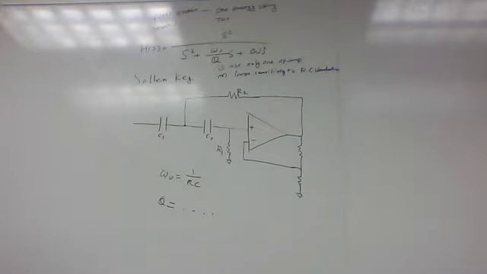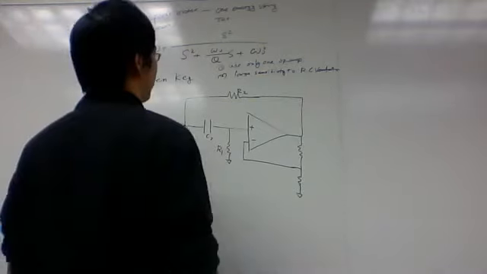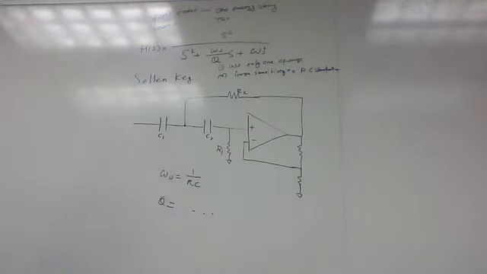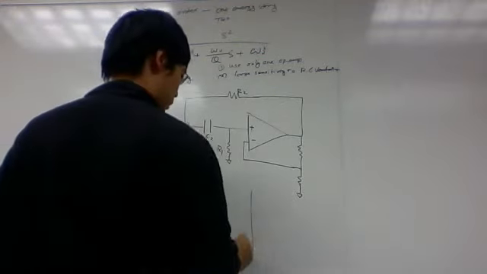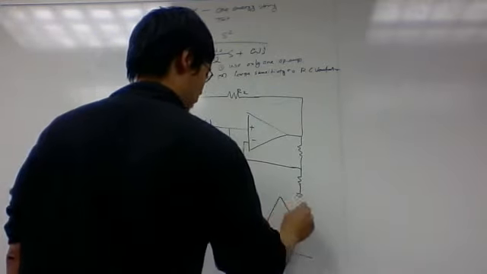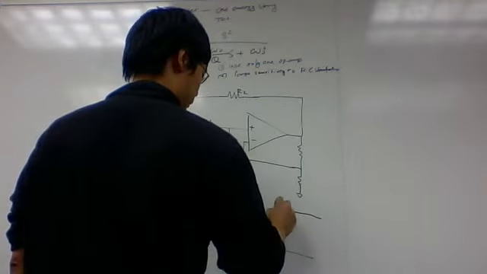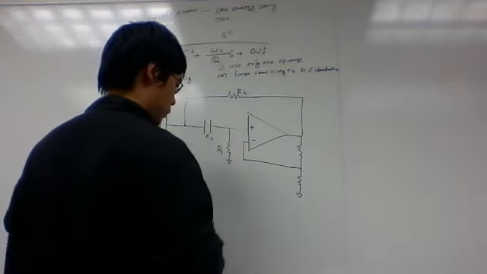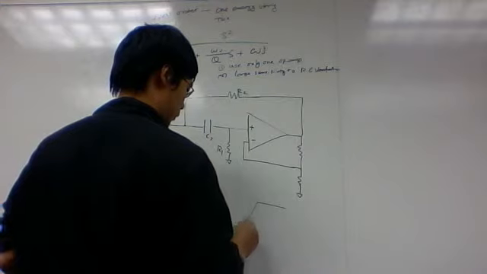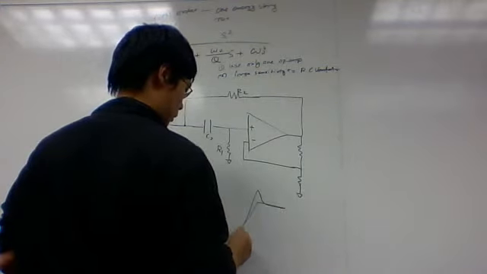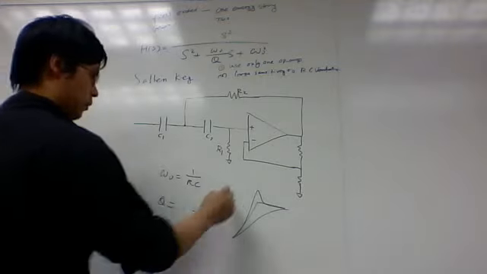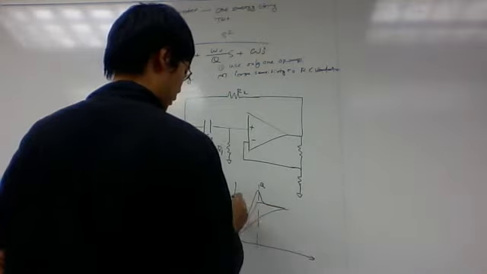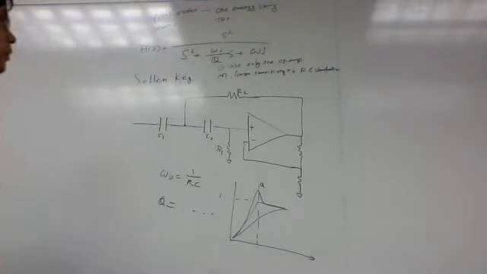So you have 2 zeros at the origin, and then you hit a complex conjugate pole at omega 0. The frequency response goes up, and then you hit the poles. If you have a complex one, you have something like this, or if it is damped, you have something like this. That's for different Qs, right? And finally you reach 1. So that's the high pass.